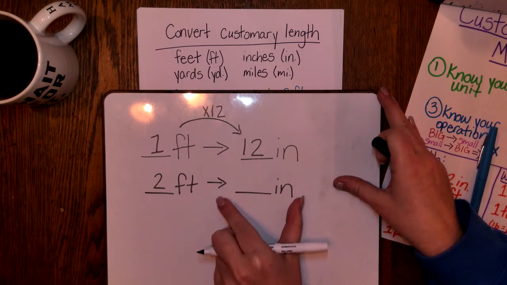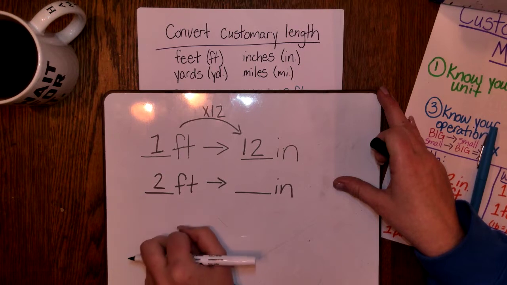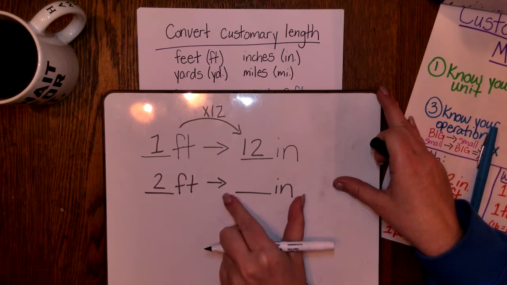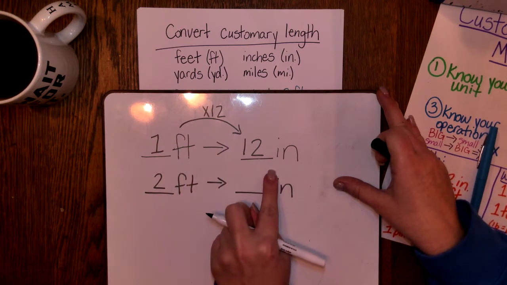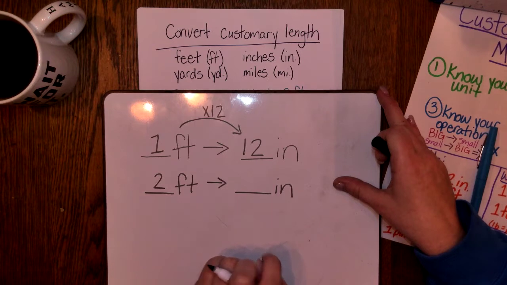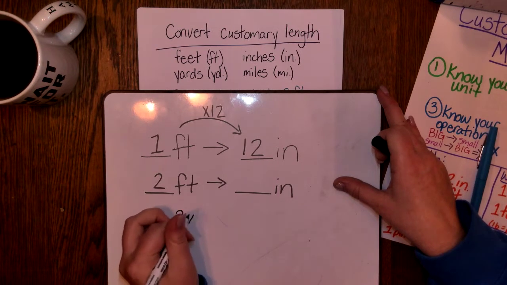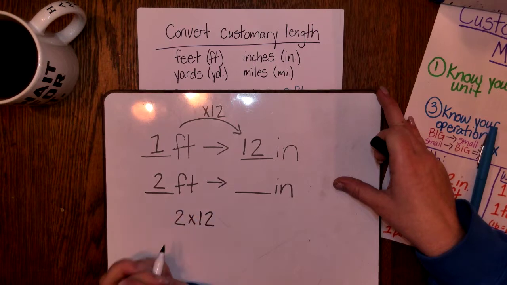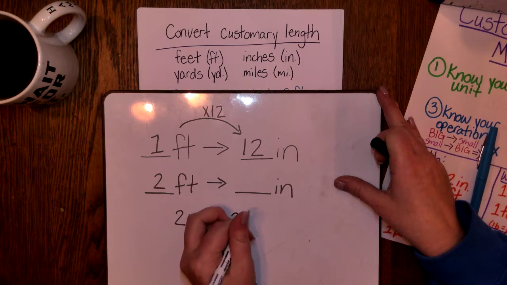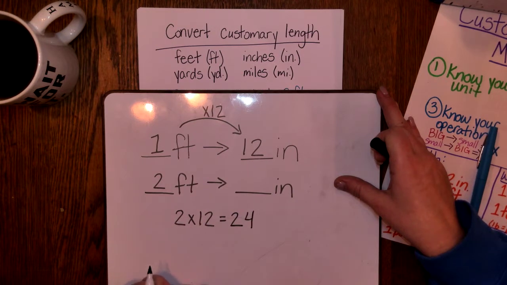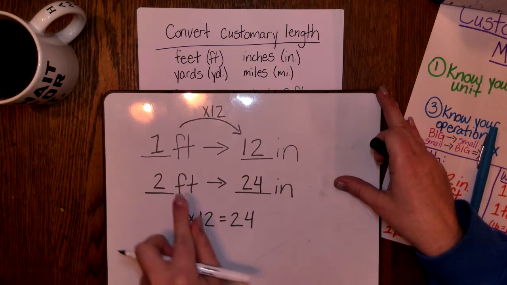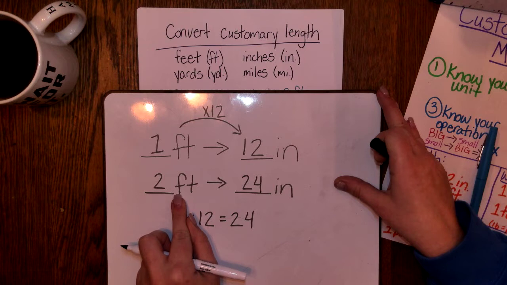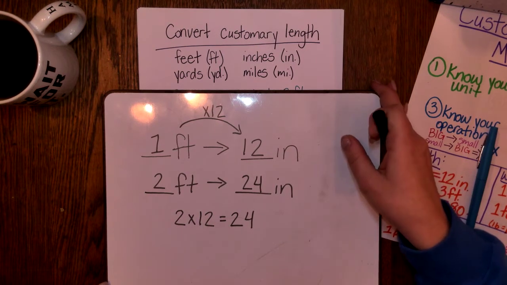So more inches are going to be in a foot. I'm getting bigger. And we've already learned that to go from feet to inches, we multiply by 12. So 2 times 12 equals 24. There are 24 inches in 2 feet. All right.